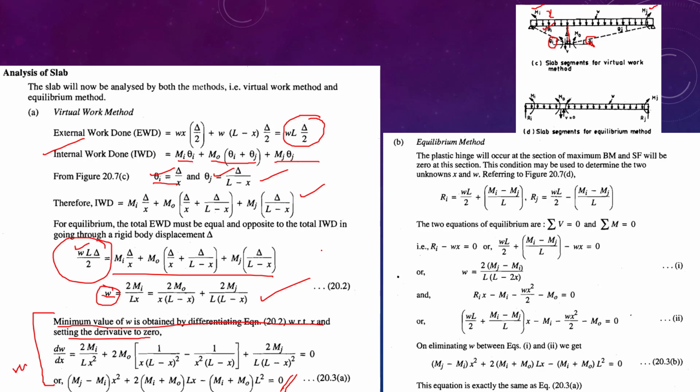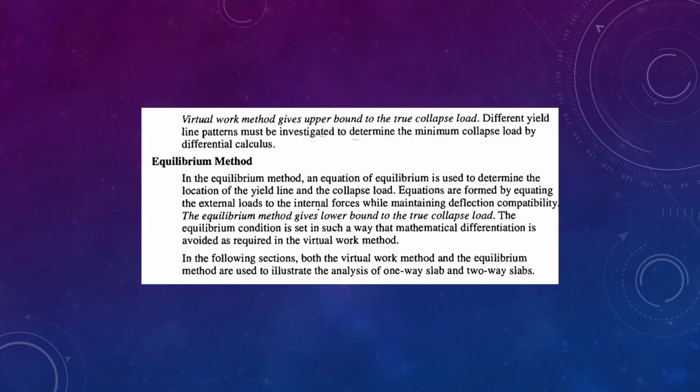Okay, so we will see one more method, the equilibrium method. It was told that in the equilibrium method, an equation of equilibrium is used to determine the location of the yield line and the collapse load.